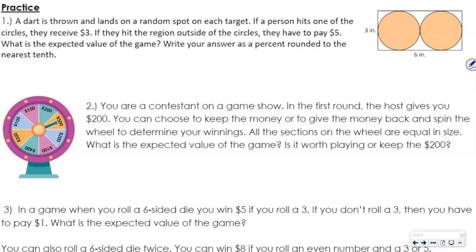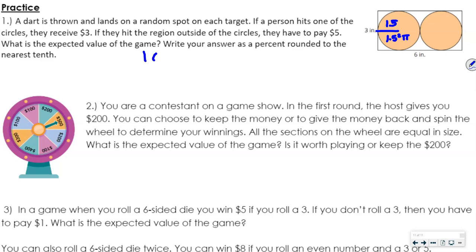Okay, so when we do this, this says that this is 3, so that means my radius right here would be 1.5, right? So to find that area, that's going to be 1.5 squared times pi, pi r squared.